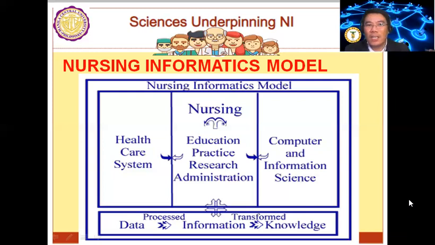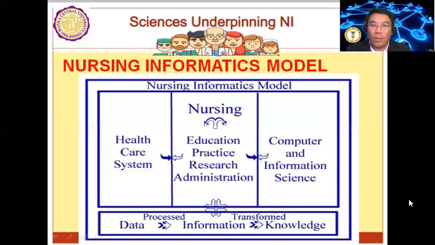In the nursing informatics model, it will integrate the use of computer and information science. So your knowledge of nursing science is combined with computer and information science. The information science we are talking about is how you will design, develop, store, and process information through the use of technology.